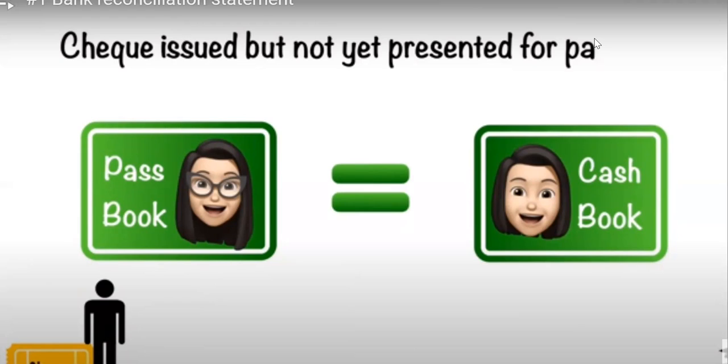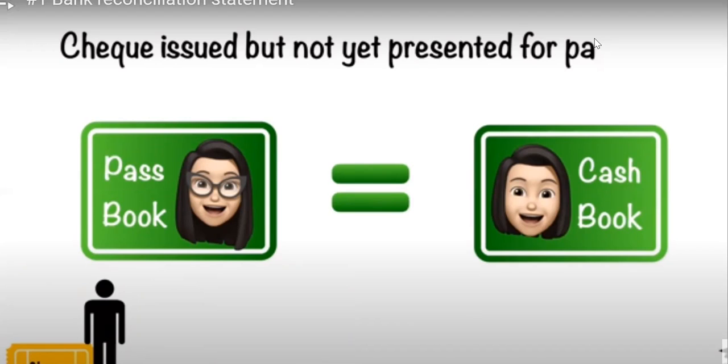The bank maintains its passbook. Our cash book bank column should be the same as the passbook. The passbook should always be equal to the cash book. If it is not so, what are all the characters that will differ there?